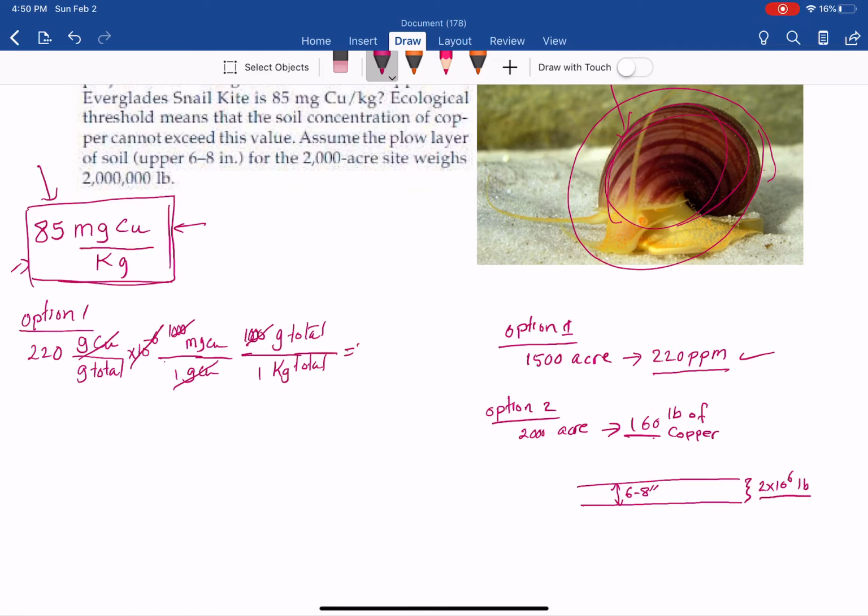So the concentration is 220 milligrams copper per kilogram.